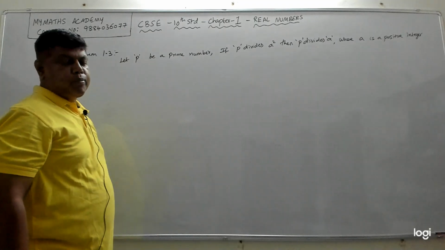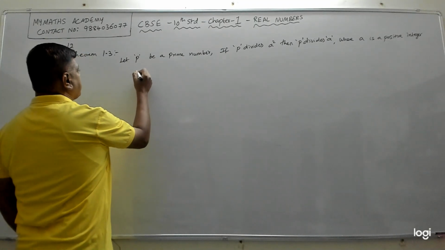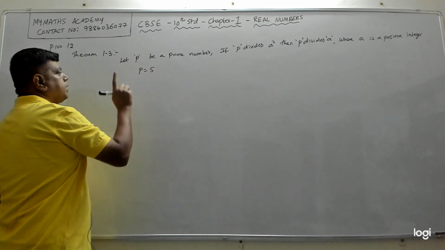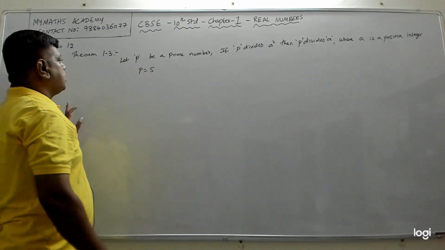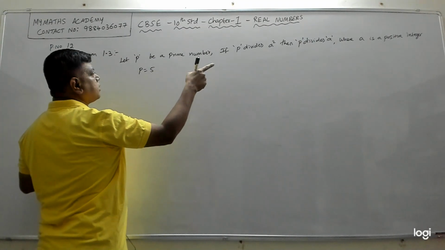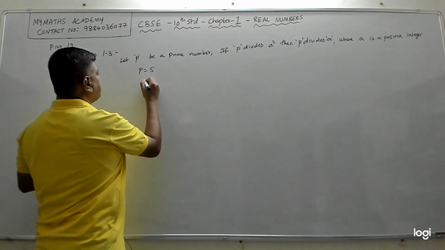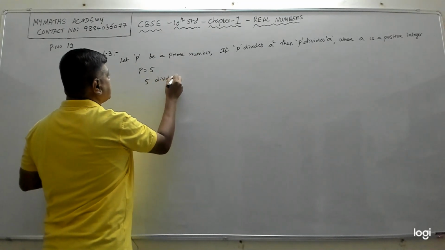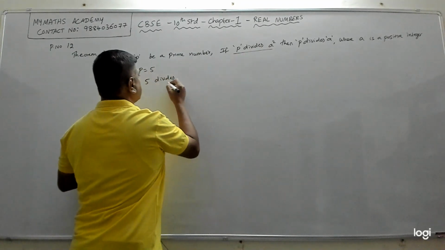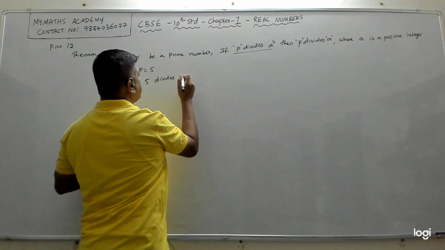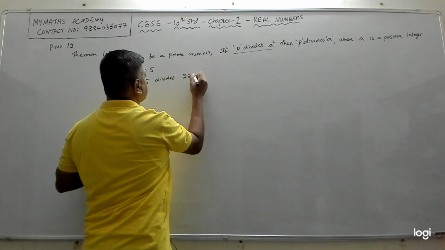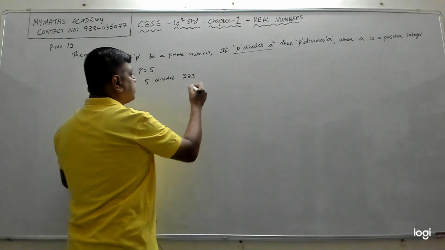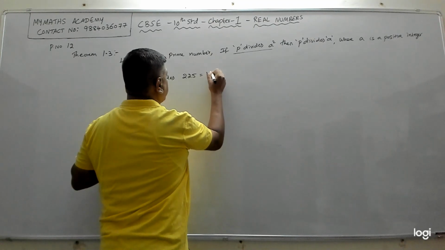Suppose P is a prime number, P equal to 5. Suppose 5 divides 225. 225 can be written as 15 square.